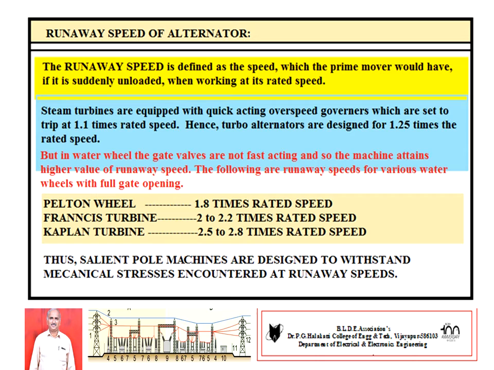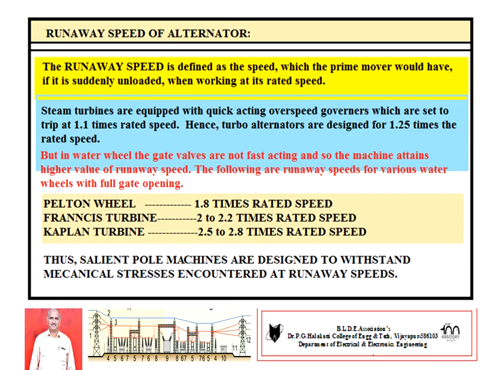Runaway speed is a very important aspect in the design of alternators. The runaway speed is defined as the speed which the prime mover would reach if it suddenly unloaded when working at rated speed. Try to understand, it is very important.